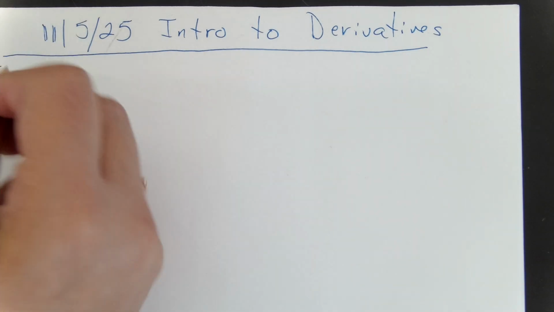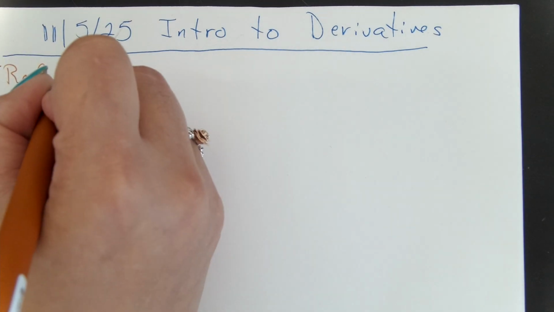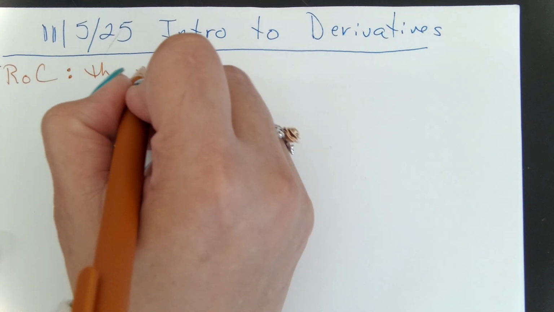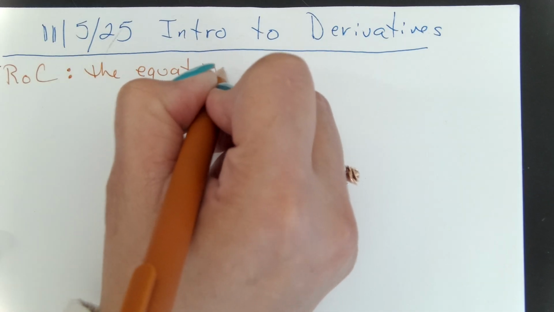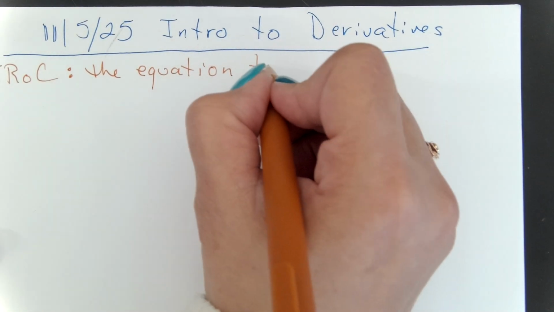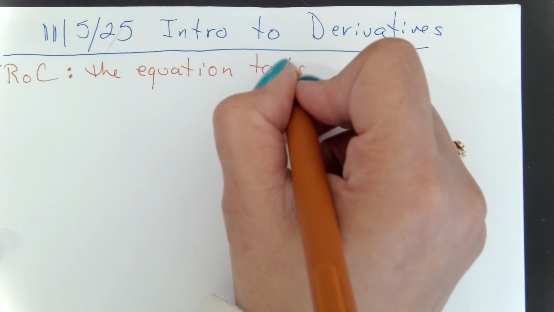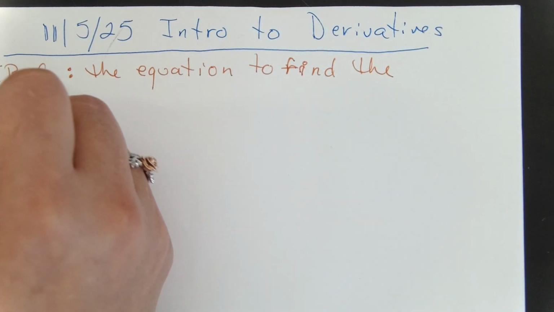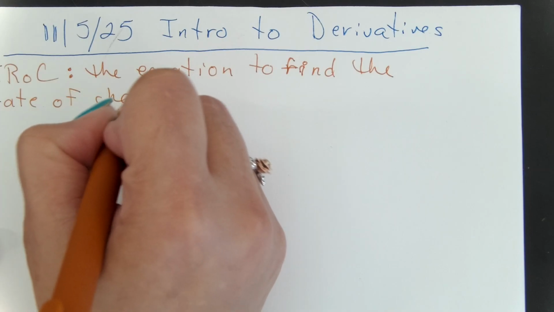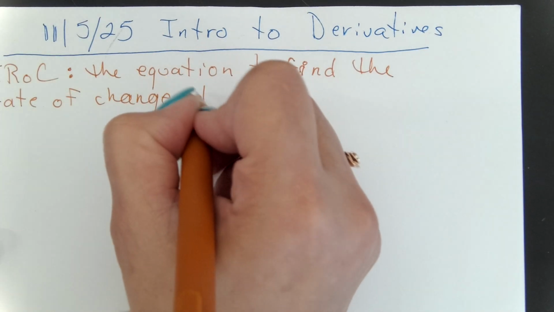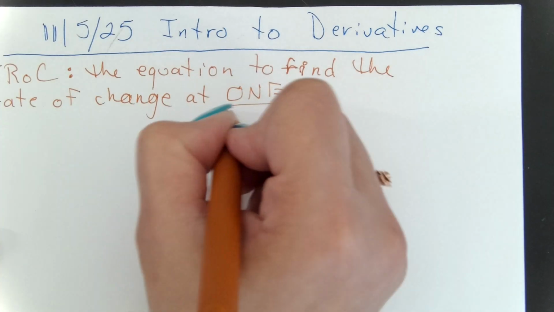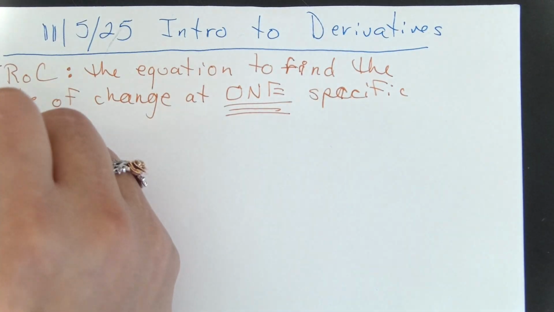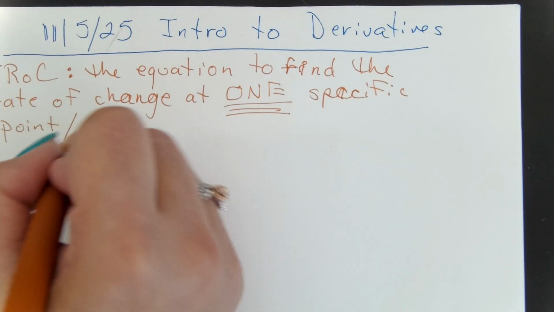When we were doing instantaneous rate of change, we found the equation to find the slope or the rate of change at only one point. One different x value.